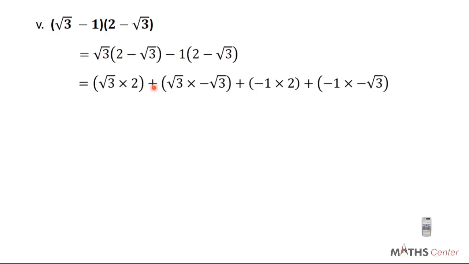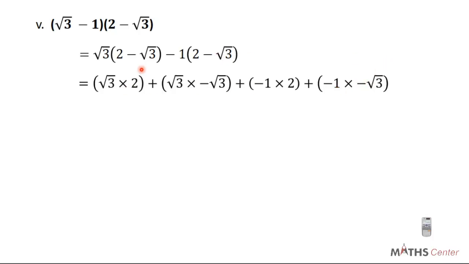Then you bring your addition sign, so plus square root of 3 times negative root 3 in this bracket. Then plus, when you come here, the sign outside is negative 1. So negative 1 times what is here, which is positive 2. So negative 1 times 2. Then plus, you open another bracket again. Negative 1 times negative root 3 in this bracket.